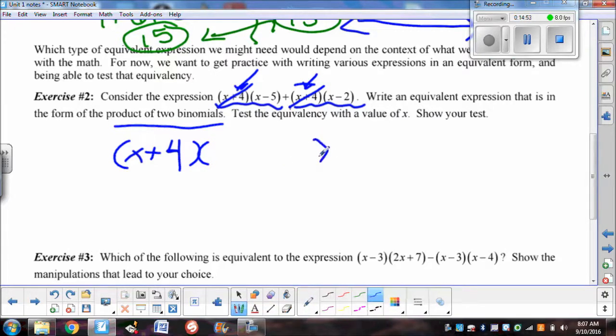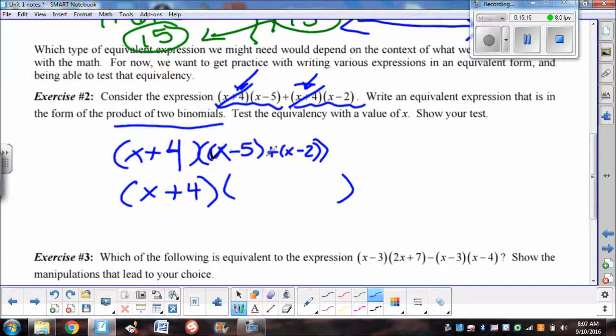So I end up with x minus 5 plus x minus 2. That's kind of messy. What can I do with that? X plus 4 looks great to me, but what can I do in here?